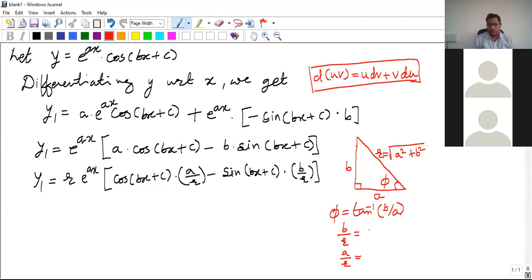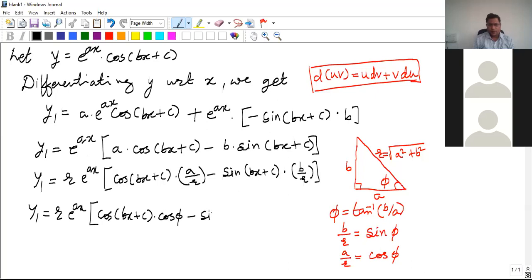It is going to be sine phi and cos phi. So we replace these terms here and have r e raised to ax, cos of bx plus c times cos phi, minus sine of bx plus c times sine of phi.